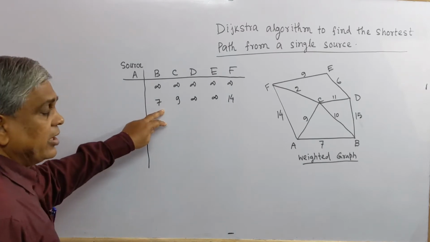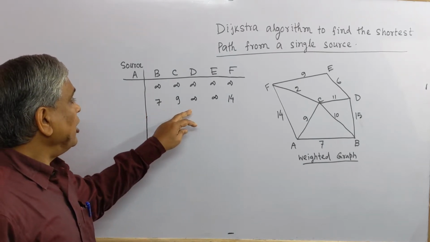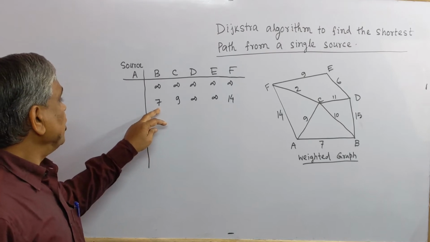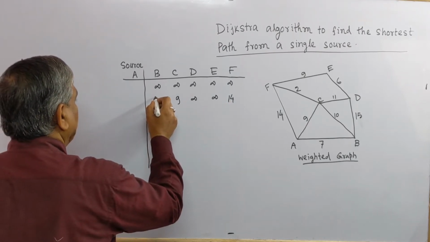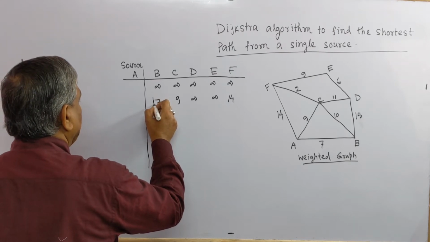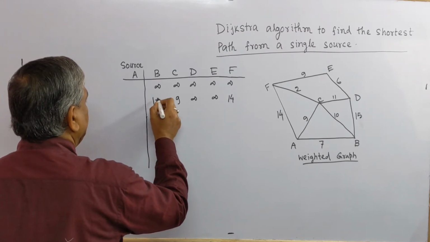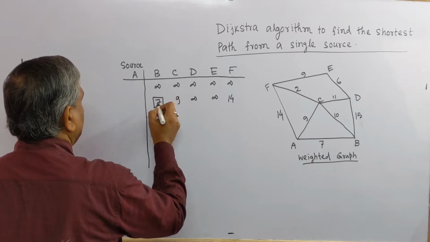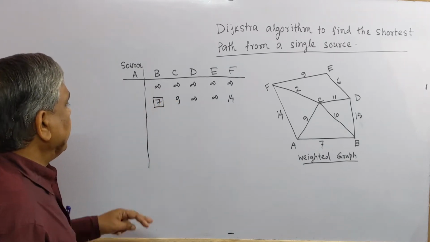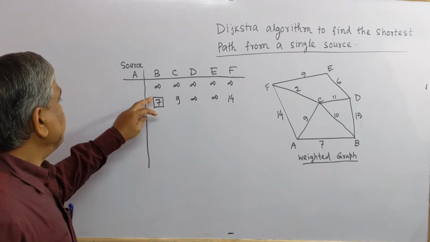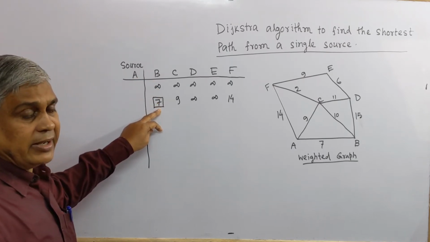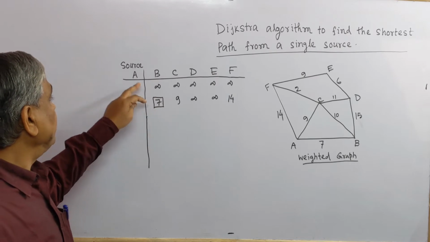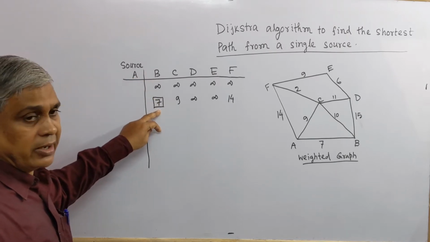Here we select the smallest number. The smallest number in this row is 7, and we enclose this 7 by a square. The distance between A and B is 7, that is, the shortest path from A to B is 7.